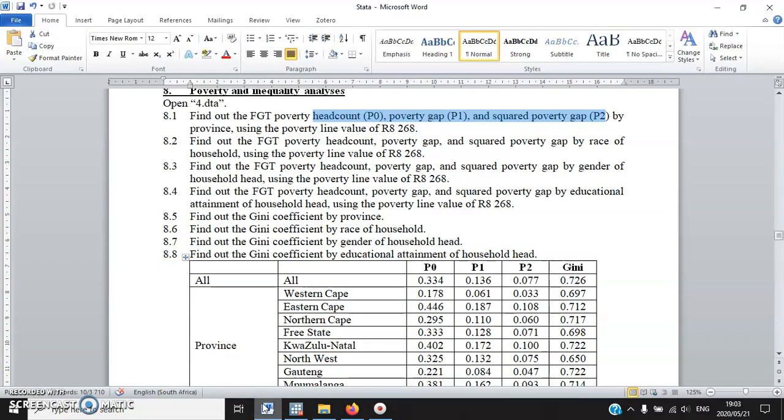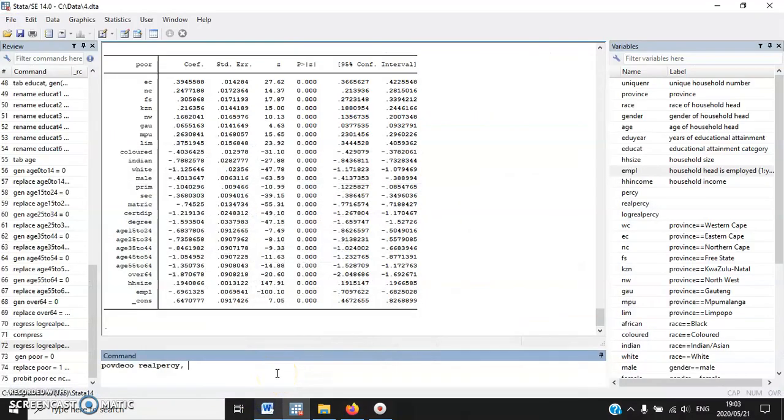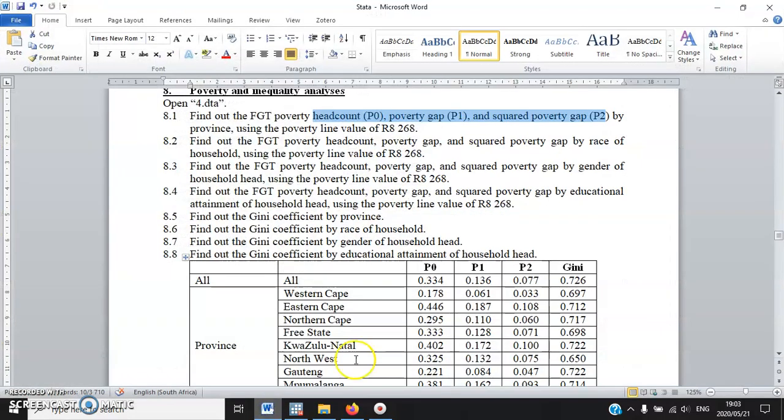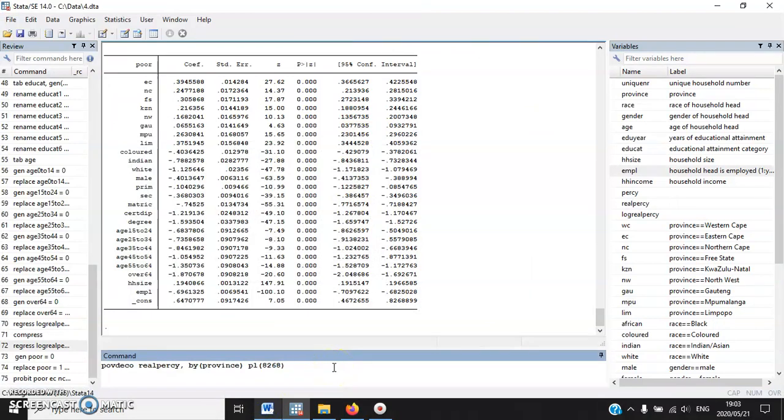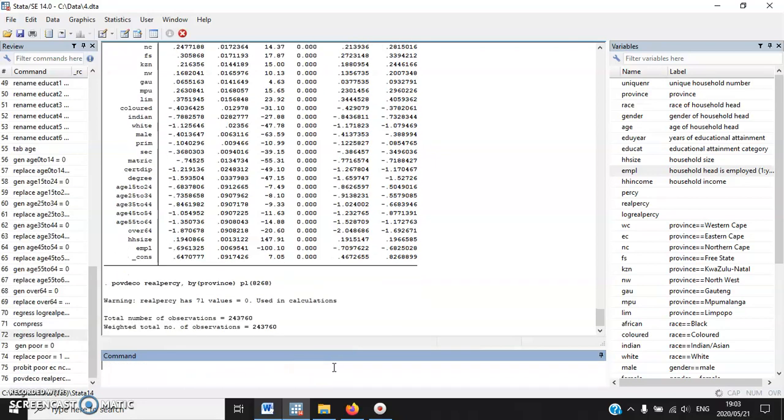And then by province. By province, PL means poverty line 8268. I think it is 8268. Okay. Let's hope I typed the command correctly. It has been a while since I have run this type of command.